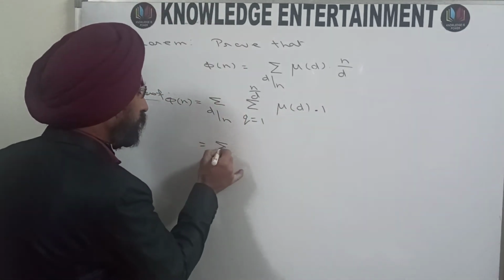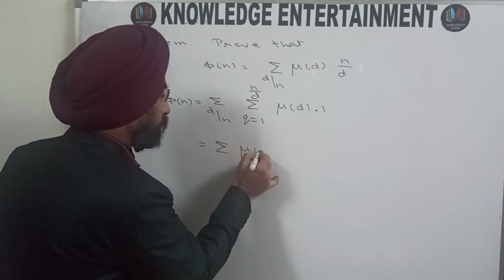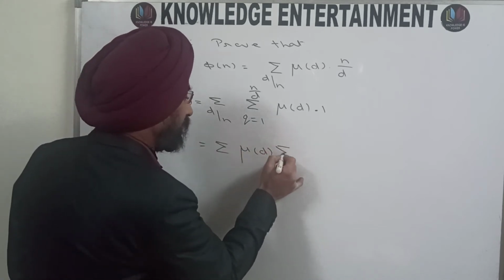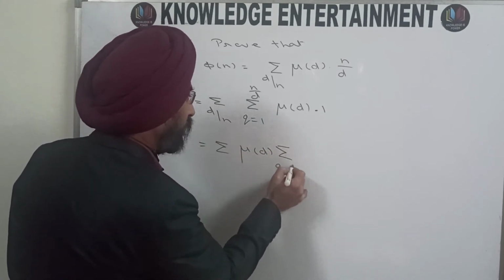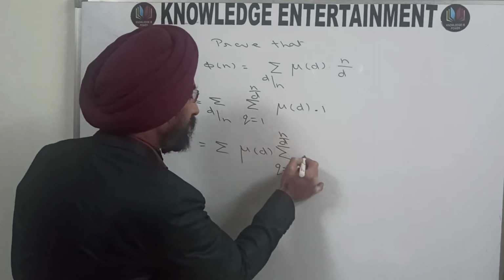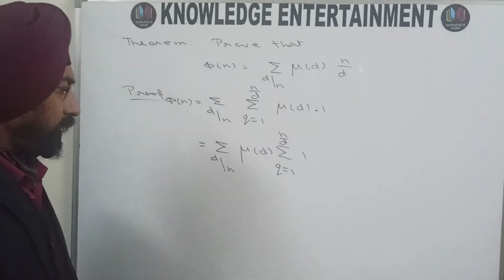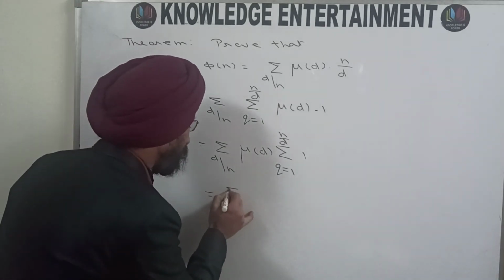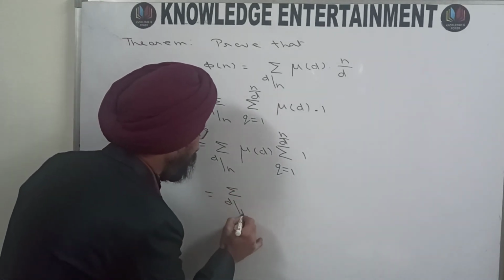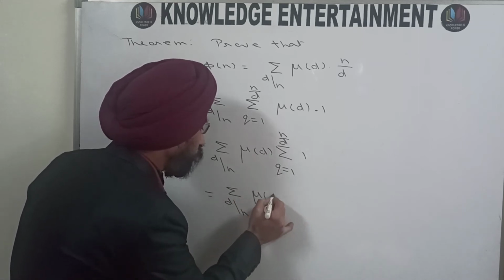So you will get sigma mu d, sigma q varying from 1 to n upon d of 1, and here d divides n. Okay, the last step, sigma d divides n of mu d.